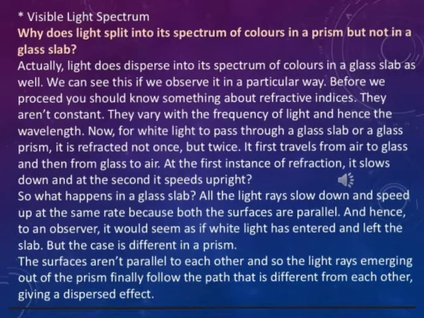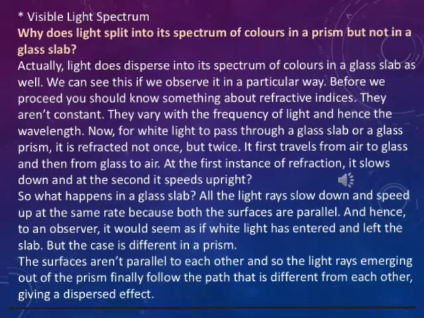All the light rays slow down and speed up at the same rate because both the surfaces are parallel, and hence to an observer it would seem as if white light has entered and left the slab.